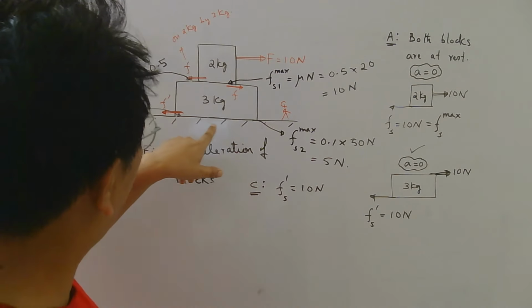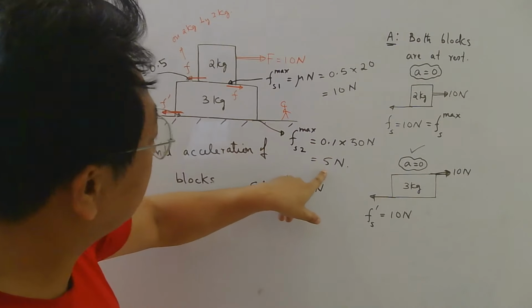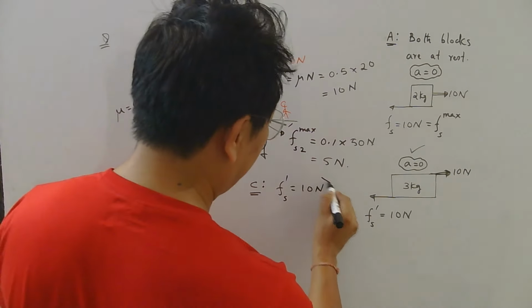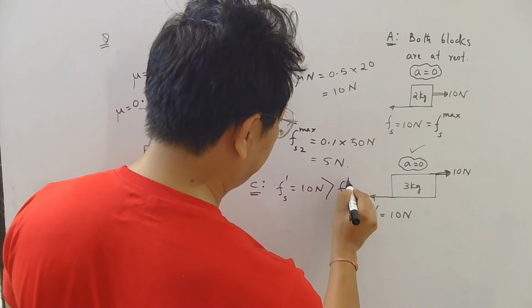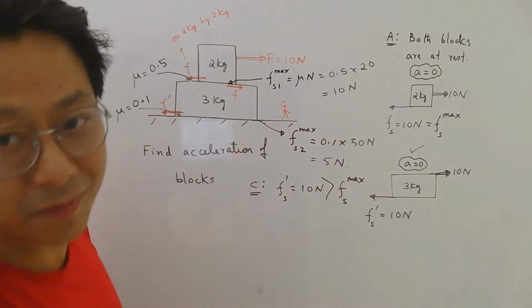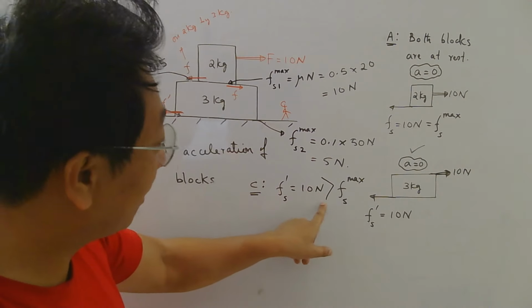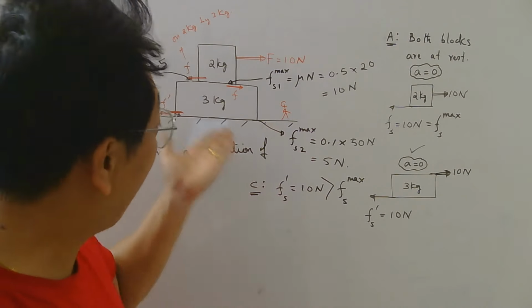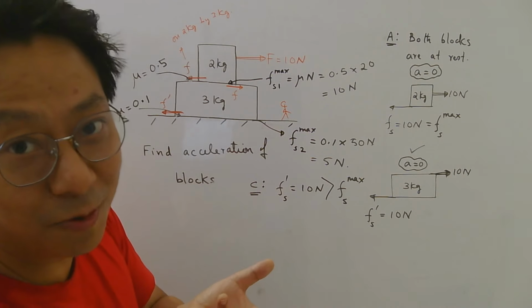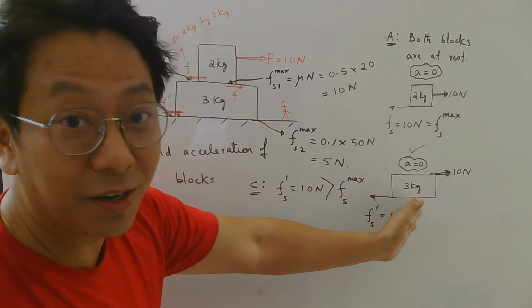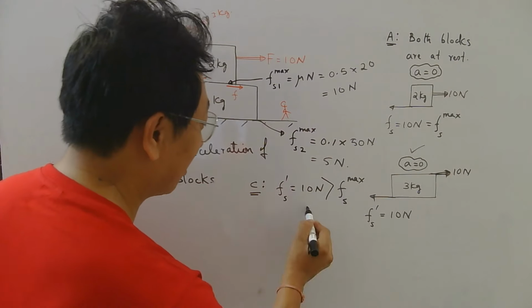Now check what is the maximum static friction at the lower surface: 5 Newton. So this is coming greater than the max value. Can your marks be greater than maximum marks? No. So maximum friction here can be up to 5 Newton, but to keep this at rest, we need 10 Newton. So this is not possible.